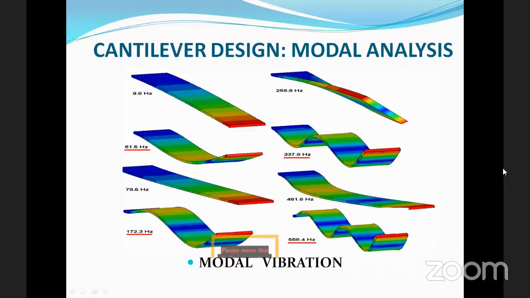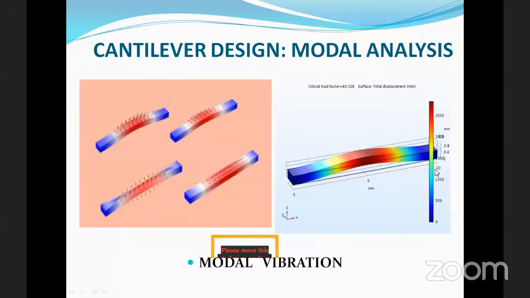Next slide. These analyses are performed in specialized software; ANSYS is the basic software that is useful for this. Next slide. Next slide. Yeah, this is the optimum design that has been achieved, because the stresses are concentrated not at the extreme end, but at the middle.